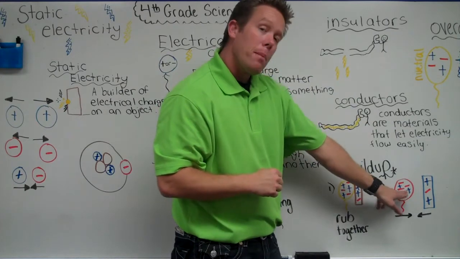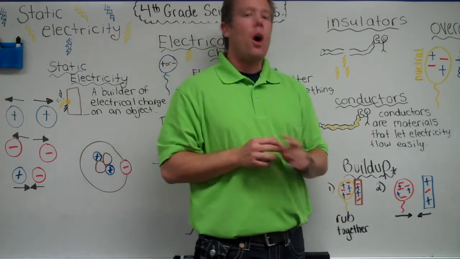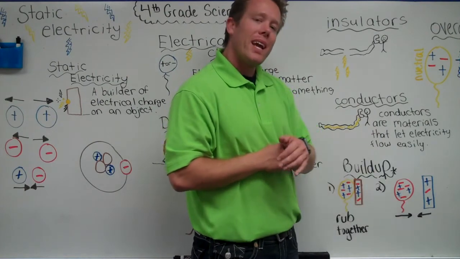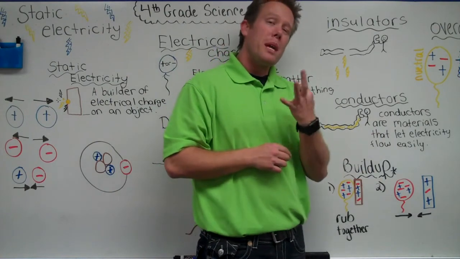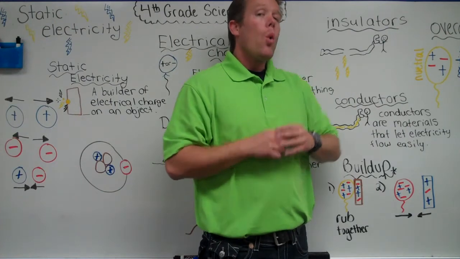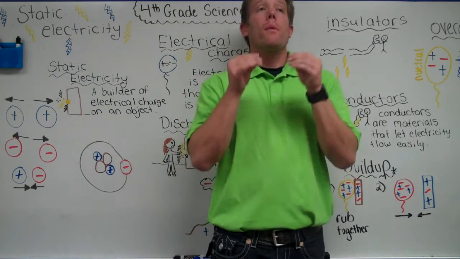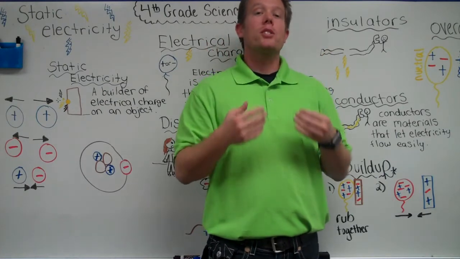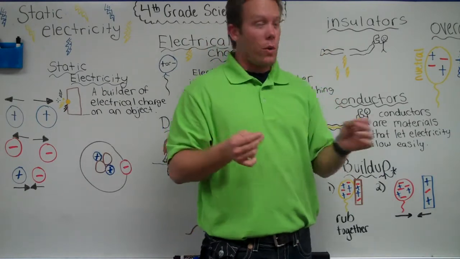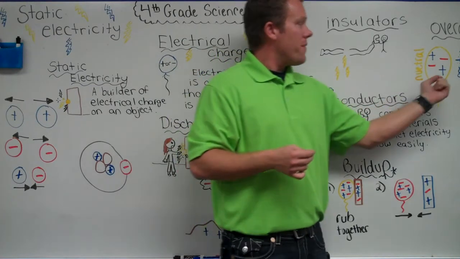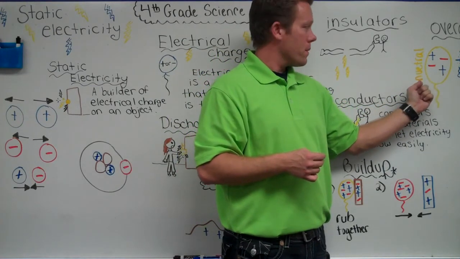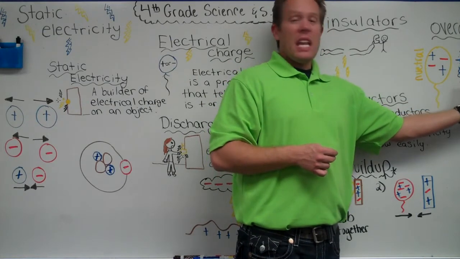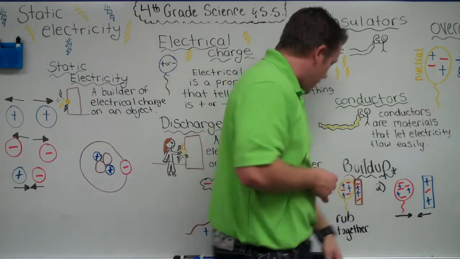Now that that balloon has 1 more negative charge, it's no longer balanced. It has 4 negative charges and only 3 positive charges. Whatever has the most charge to it, that's what its overall charge is going to be. So if you look here, if it has the same, it's neutral. If it has more positives than negatives, it has an overall charge of positive.